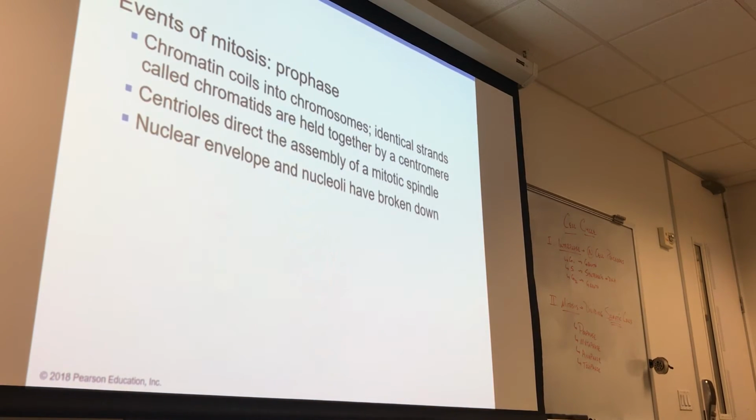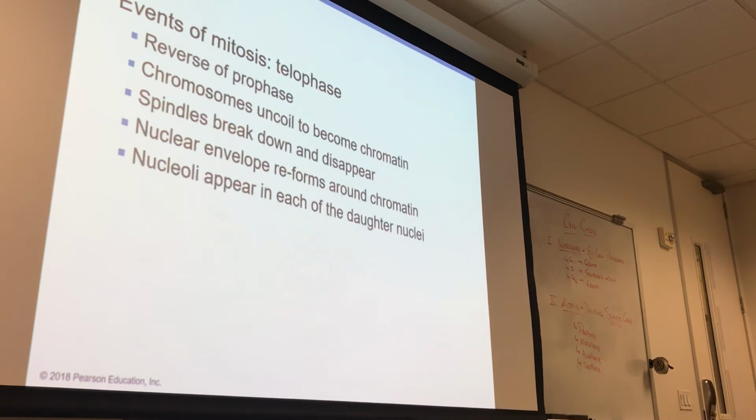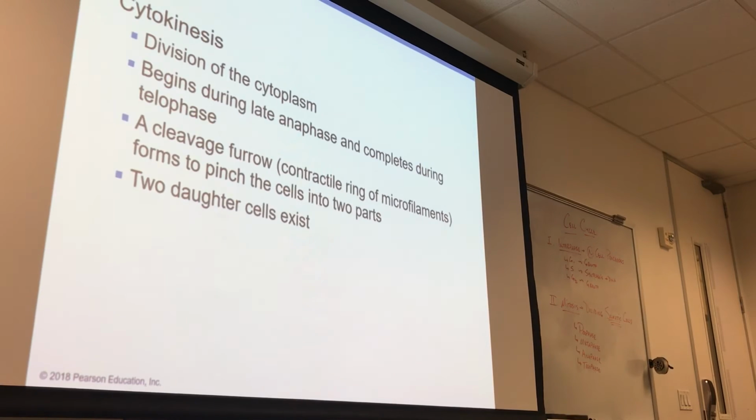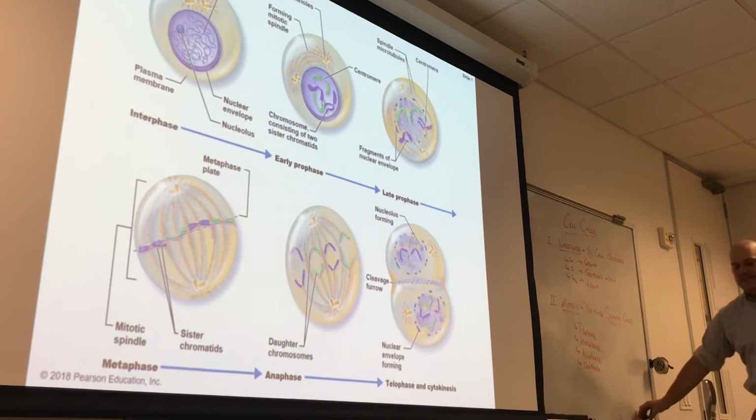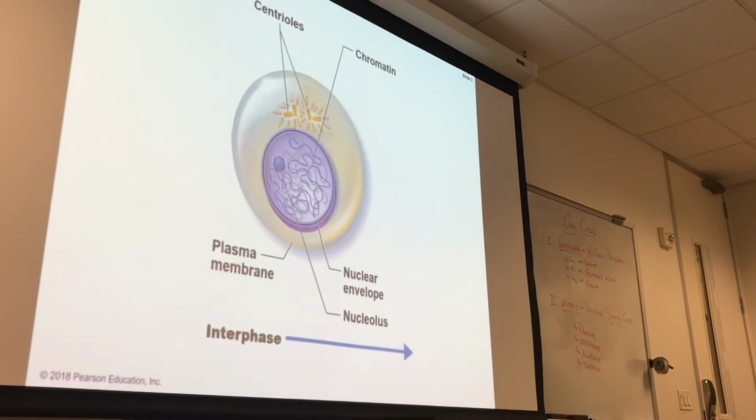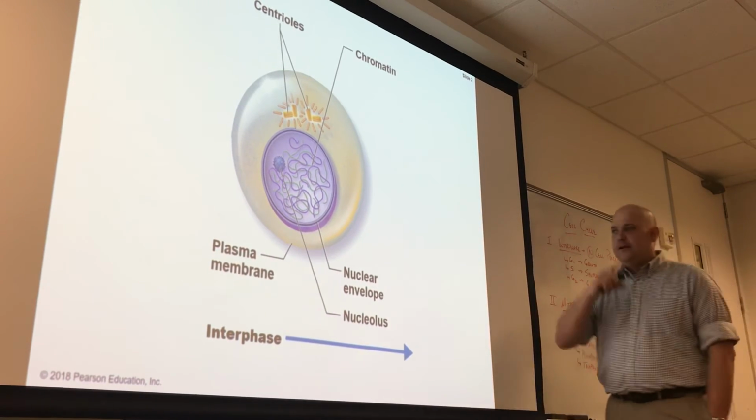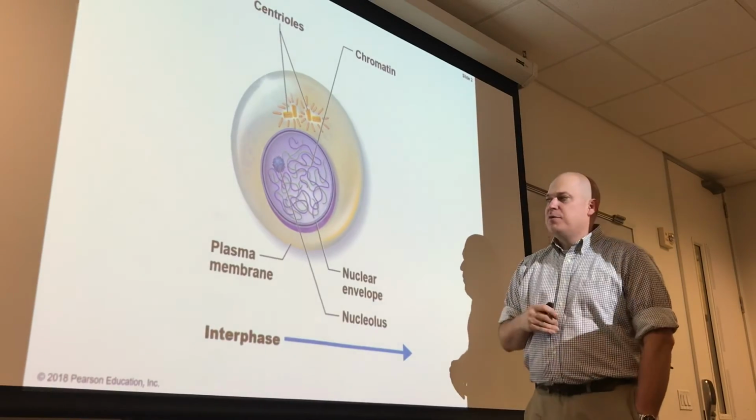When we talk about cell division, there's prophase, metaphase, anaphase, and telophase. And in my opinion, it's better to see them in pictures. This is showing all the phases together, and then I can show them a little bit bigger, so we're going to take them one at a time. Again, during interphase, this cell's undergoing its normal processes.